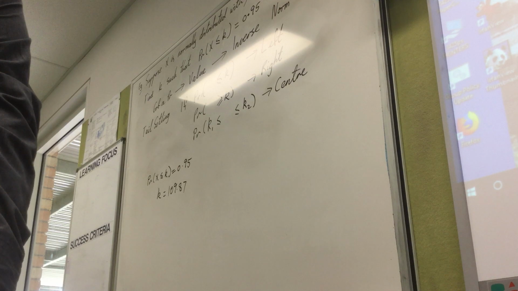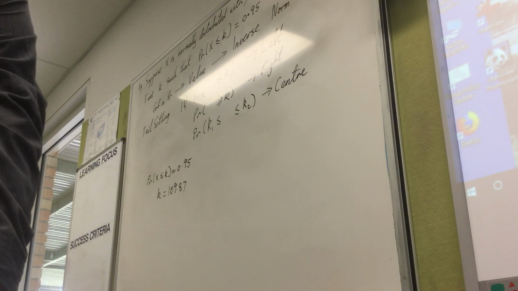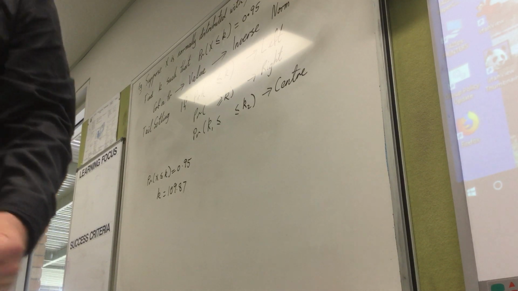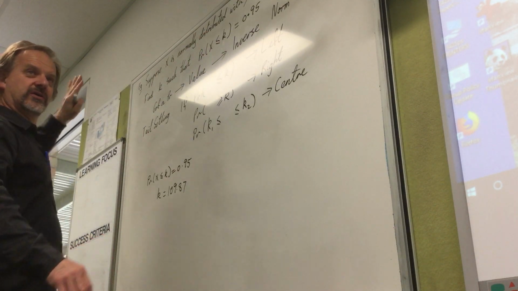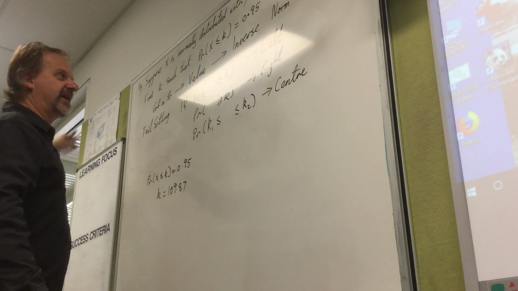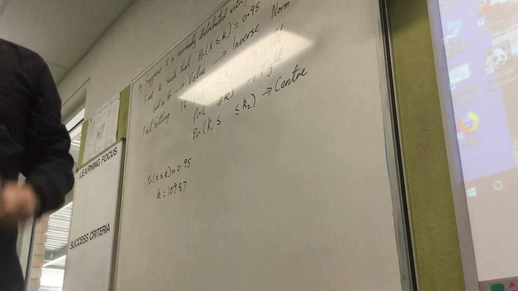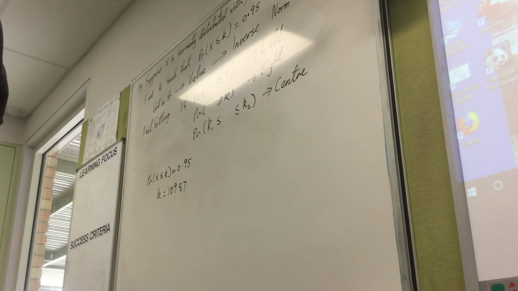Inverse normal's up already. That's the one we're after. There are others, but we want the inverse normal. Tail setting. Which side of this number do we want? In this case we want the below. So the smaller numbers are on the left. So we want the left-hand side.